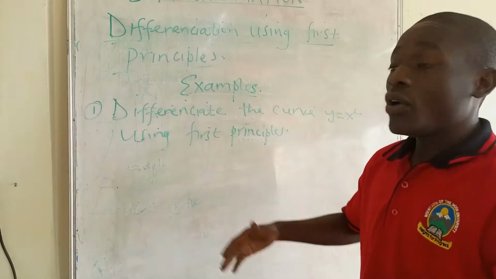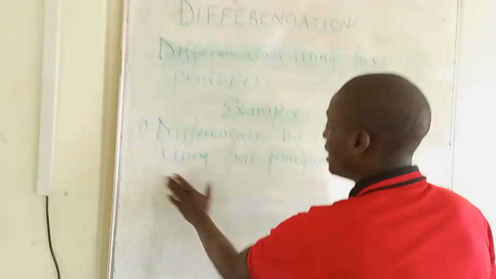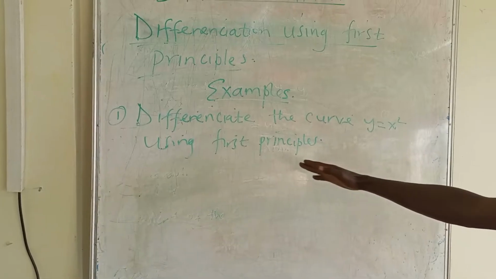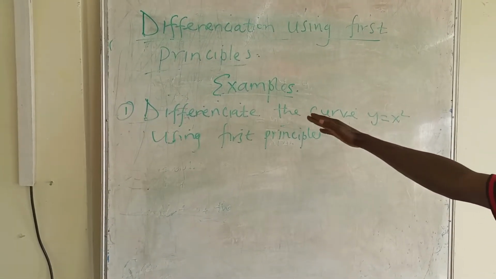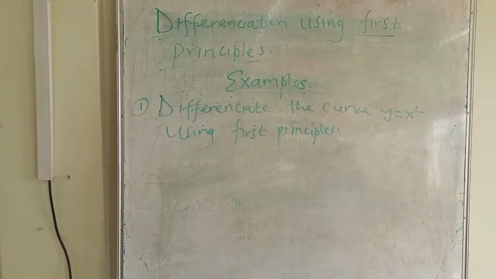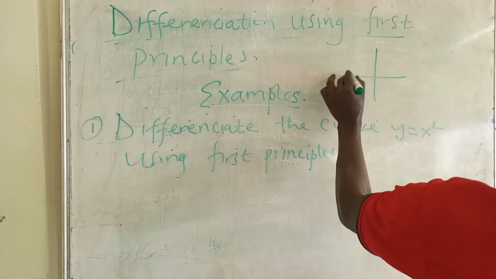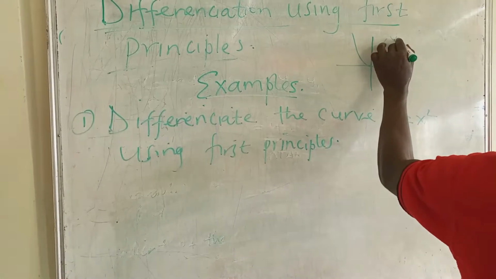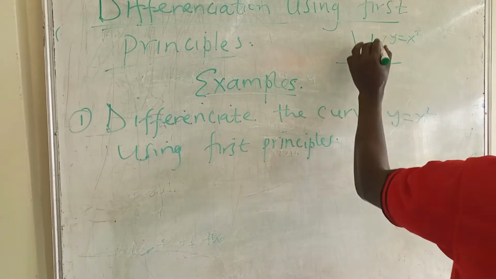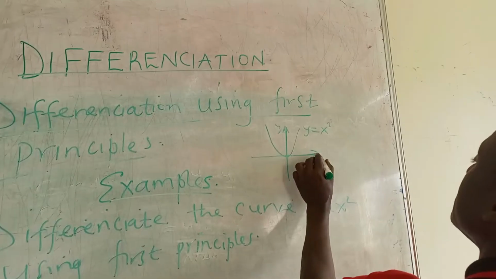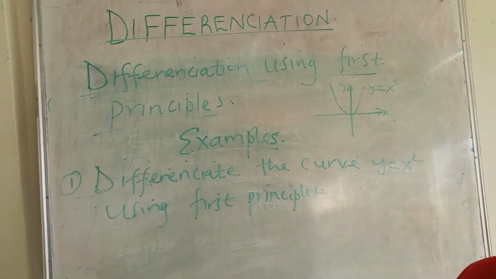Being a curve, some viewers may ask why I am referring to y is equal to x squared as a curve. It is a standard curve which goes through the origin. This is y is equal to x squared, y-axis, and this is x. That's why we refer to it as a curve.